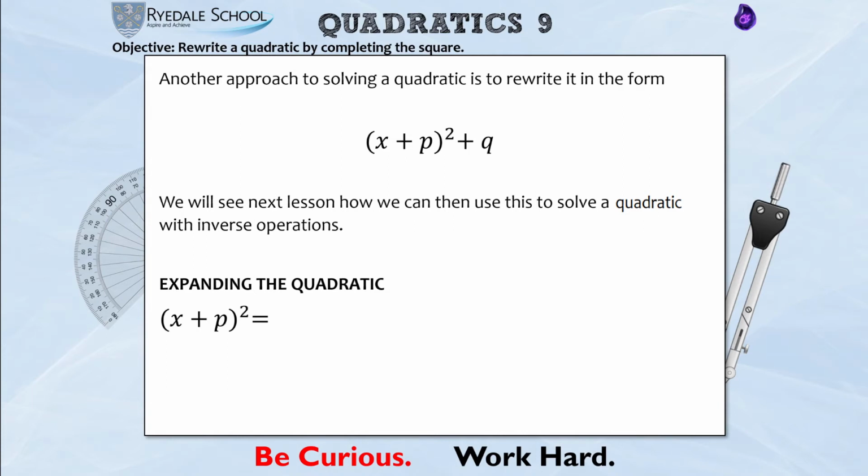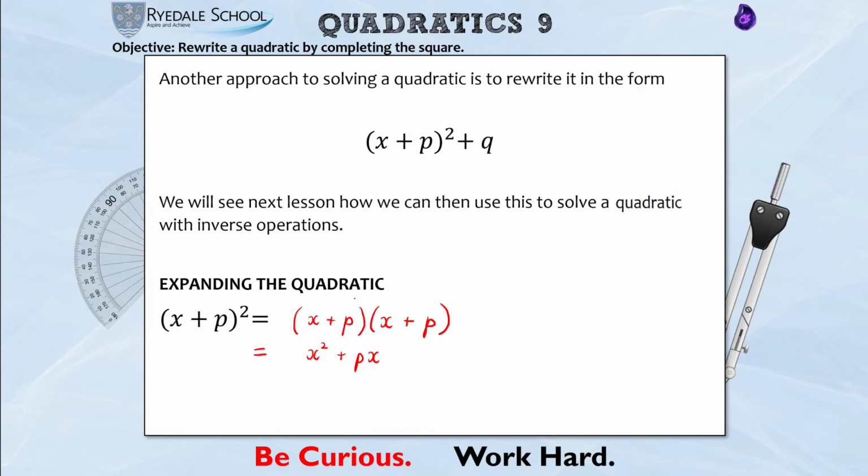So if I multiply out (x + p) all squared using FOIL, this is what we will get. I will get from my firsts x squared. I will get from my outers plus px.